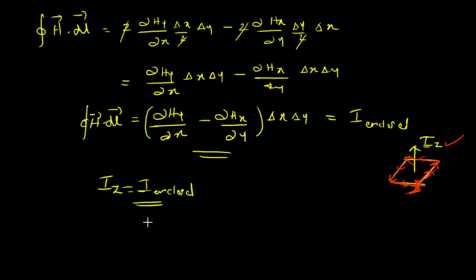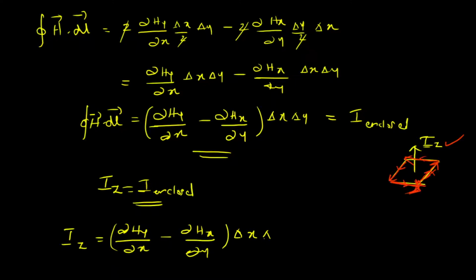So I get this as Iz, and I can directly write Iz equals partial Hy by partial x minus partial Hx by partial y, into delta x delta y.